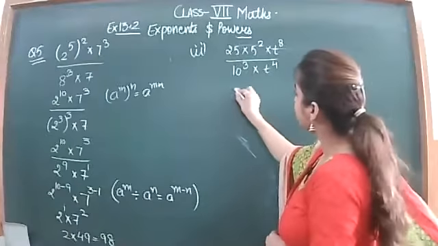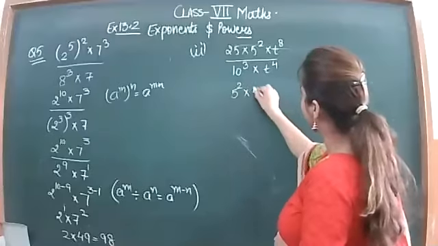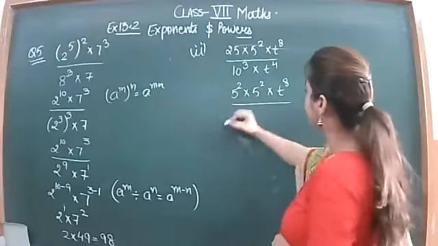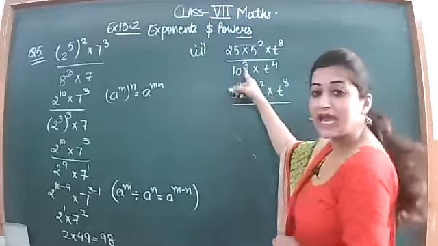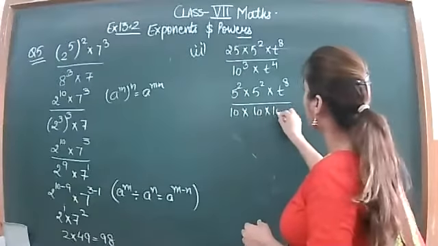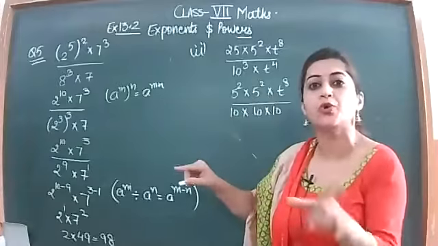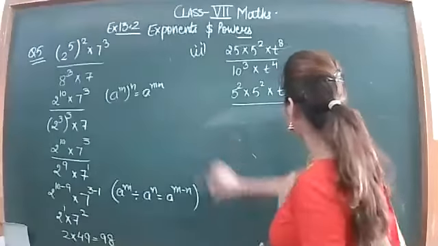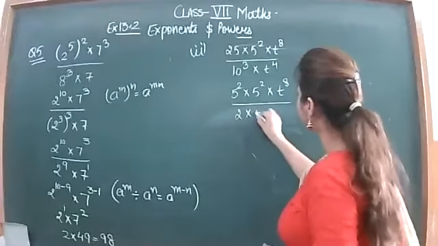This 25 can be written as 5 square. This is again 5 square. This is t raised to power 8 upon 10 cube. 10 cube you will separate out, or you can split 10 as 2 into 5. 2 fives are 10. You can split it out as 2 into 5.